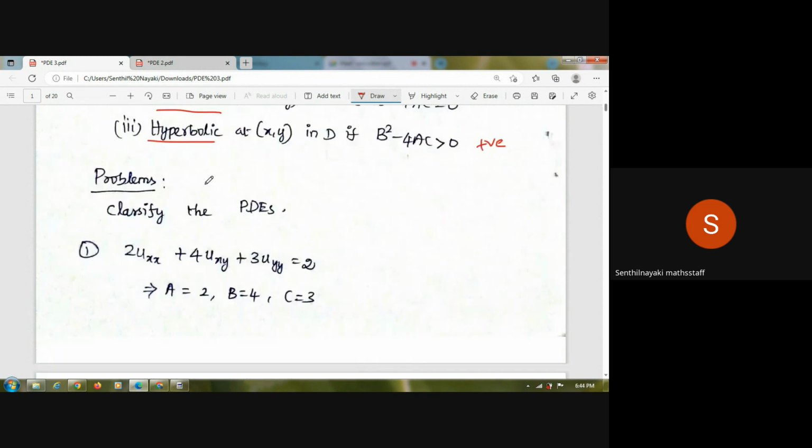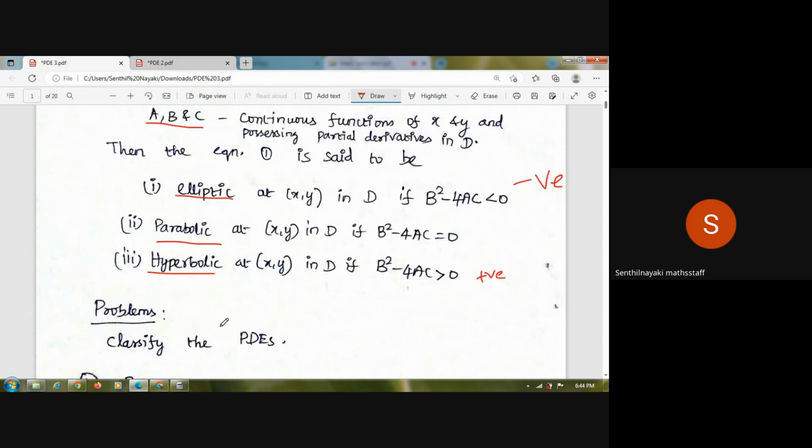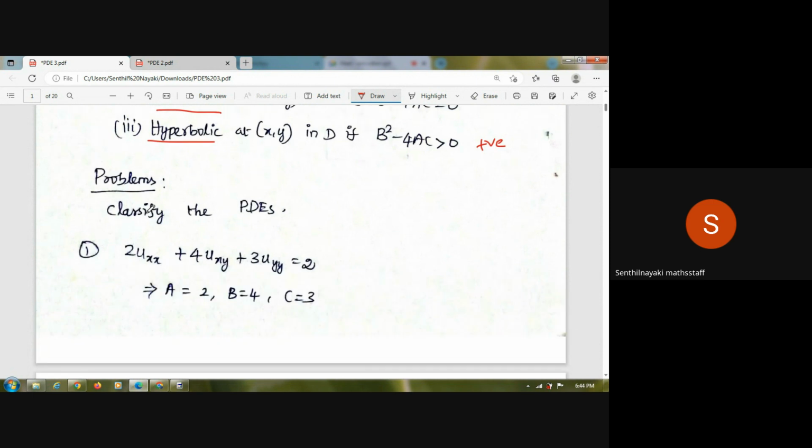Next, an example for this type of concept: classify the following PDEs. First question is 2uxx plus 4uxy plus 3uyy equal to 2. So we have to concentrate only on the coefficients of uxx, uxy and uyy.